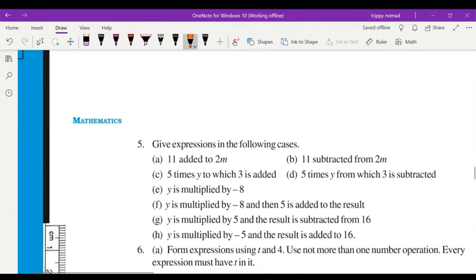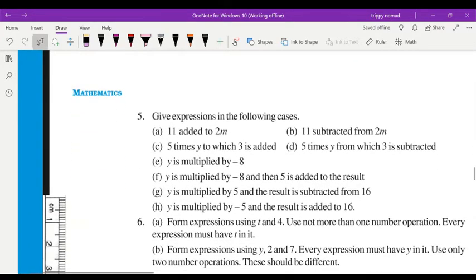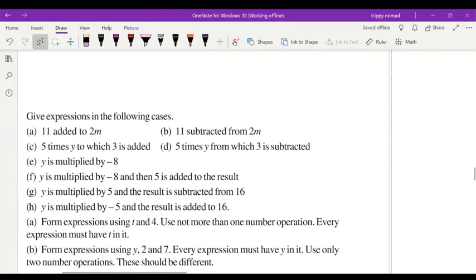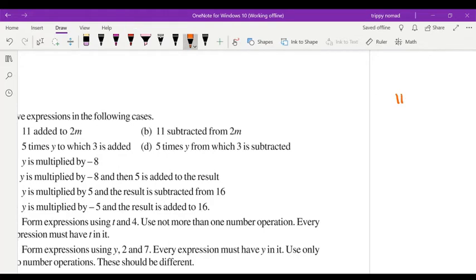Now the fifth one. Give expressions in the following cases. 11 added to 2m: 11 plus 2m. This one is A. Then B, 11 subtracted from 2m: 2m minus 11.